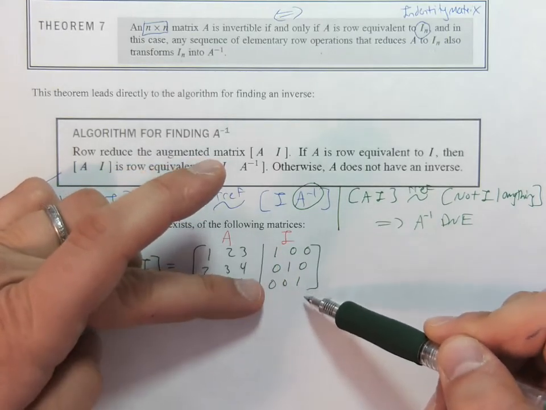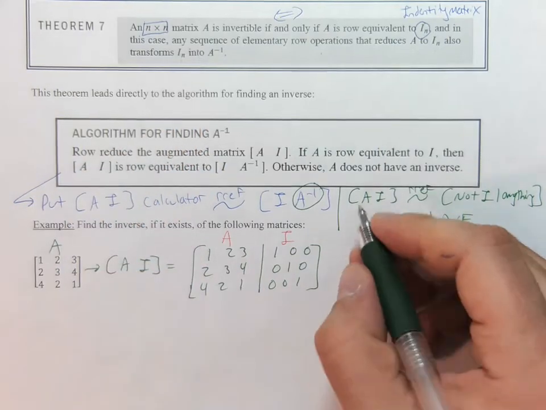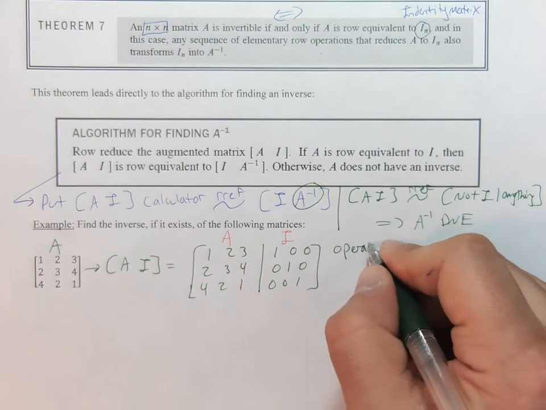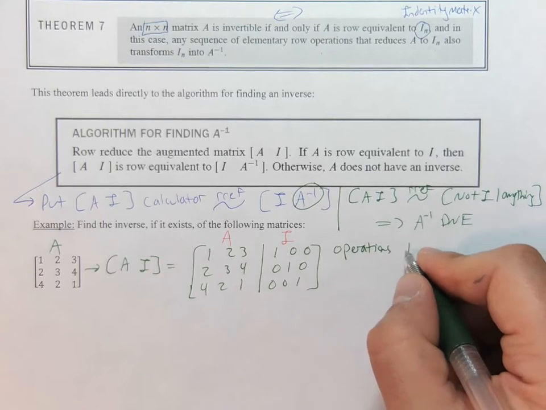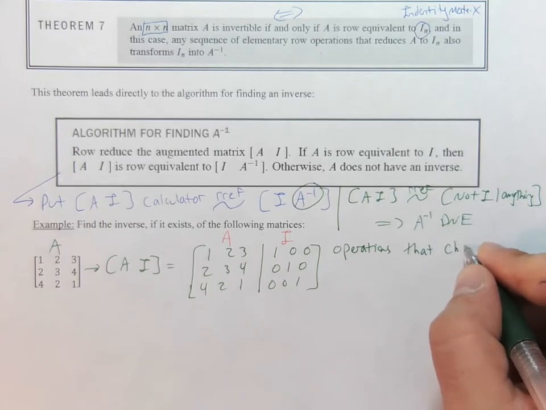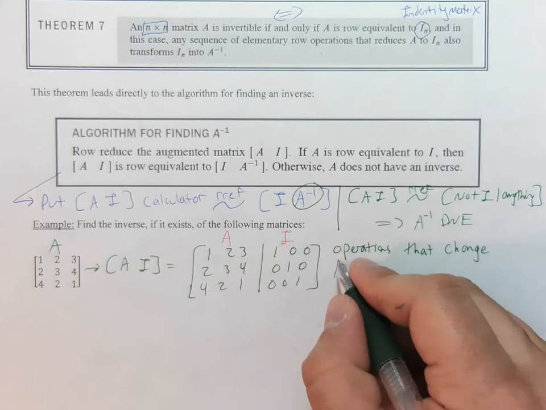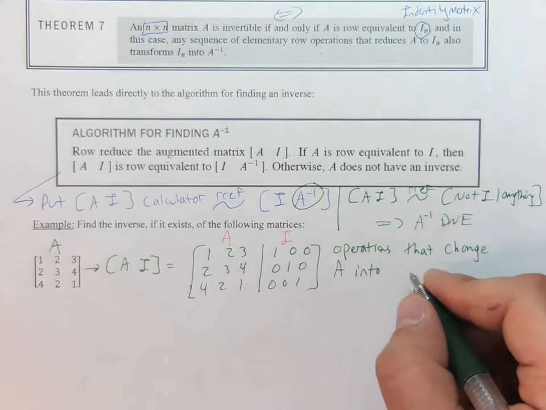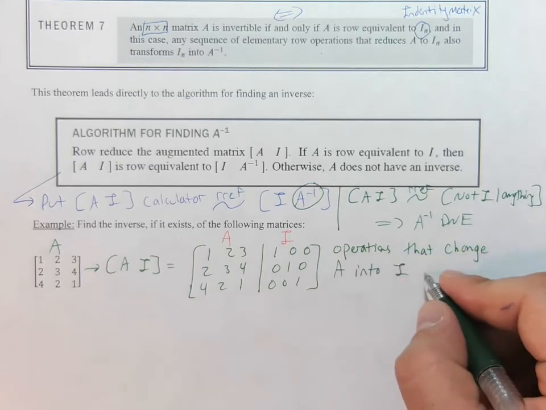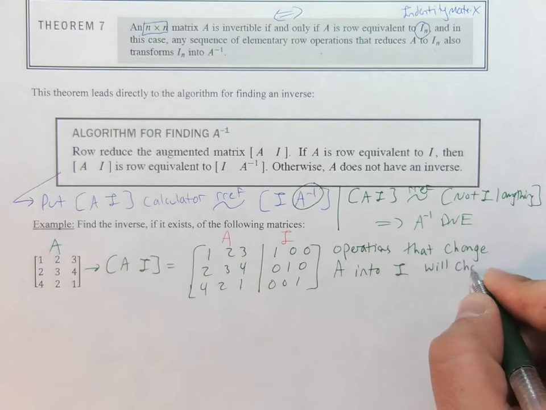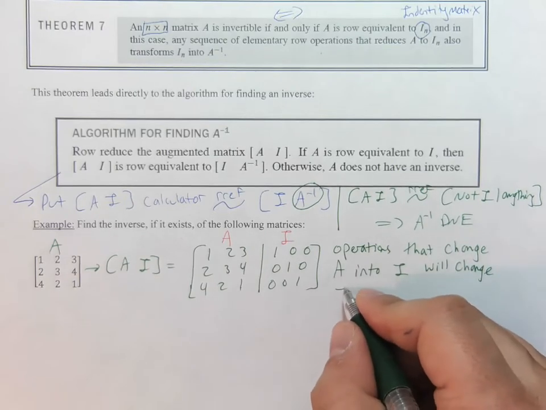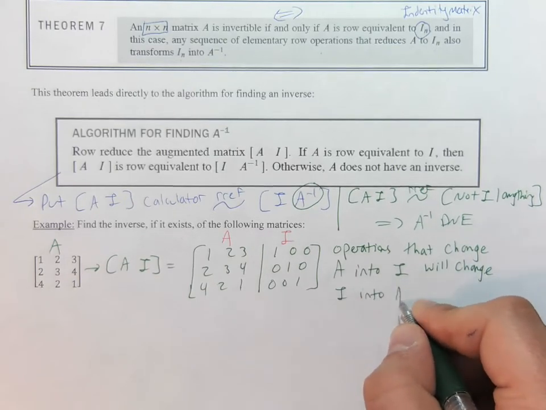So I just want to write that down. What the theorem says is the operations that will change A into I will also change I into the inverse.